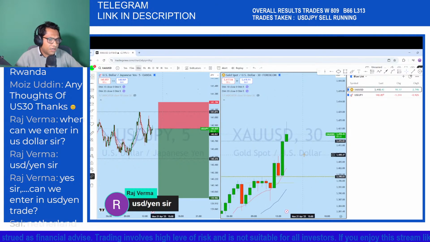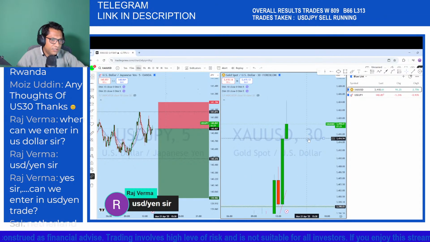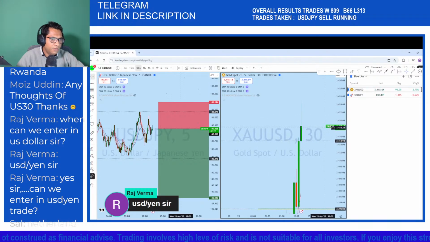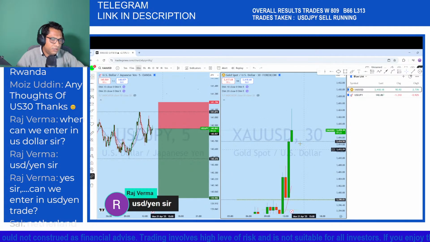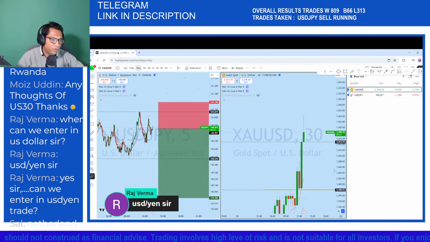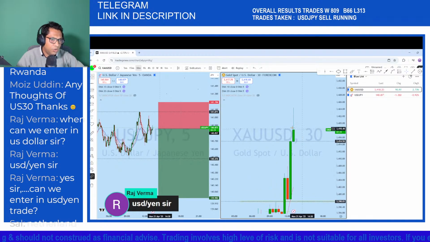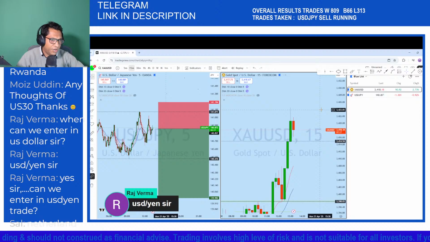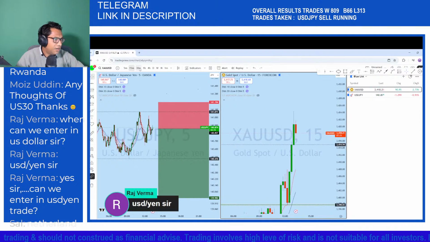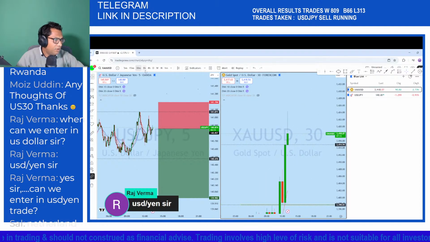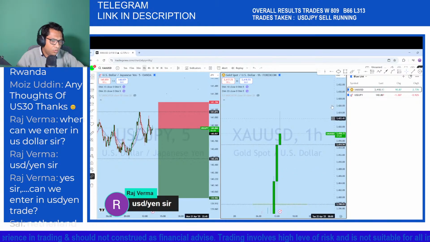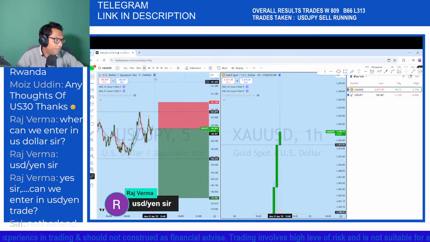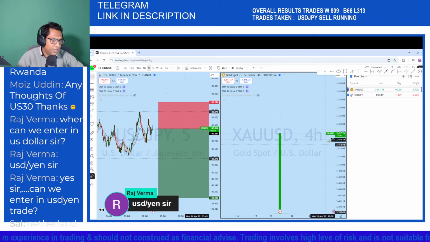Now looking at the 30 minutes here, we can see that it's on the support from the 30 minutes, and from that support level, we're expecting a possible breakout. The market is coming to that support again from the 1-hour. We can see that it's on the 1-hour support level. We can expect it to bounce back up here from the intraday as well.